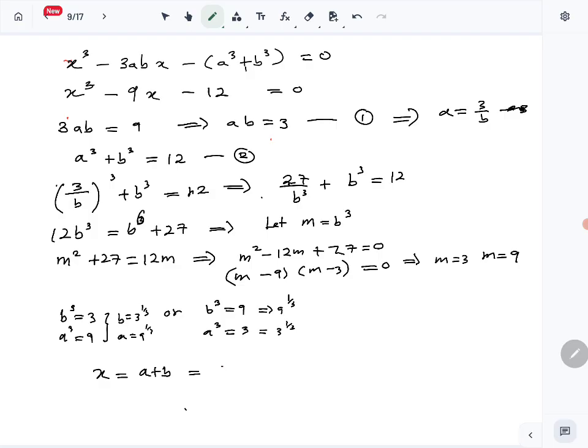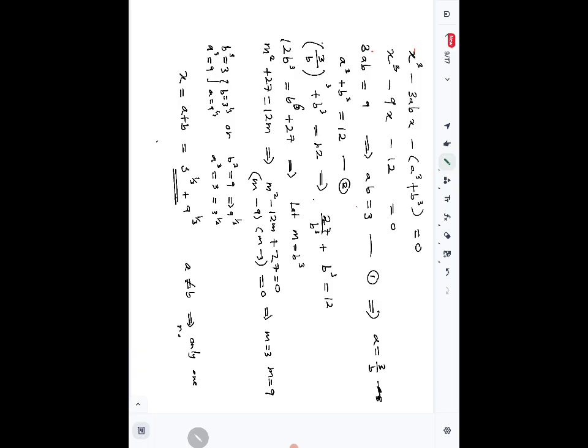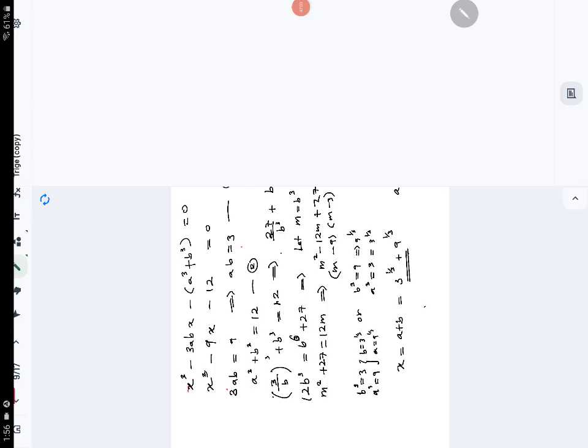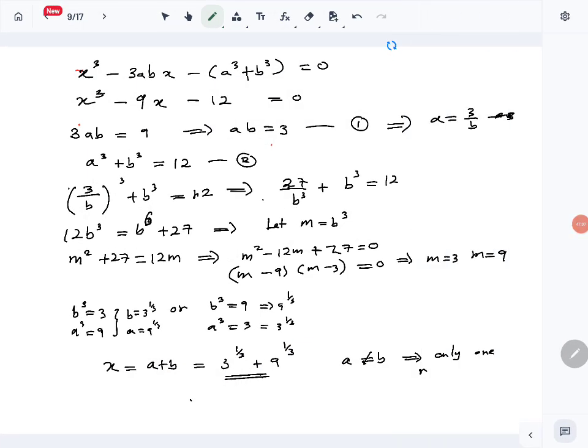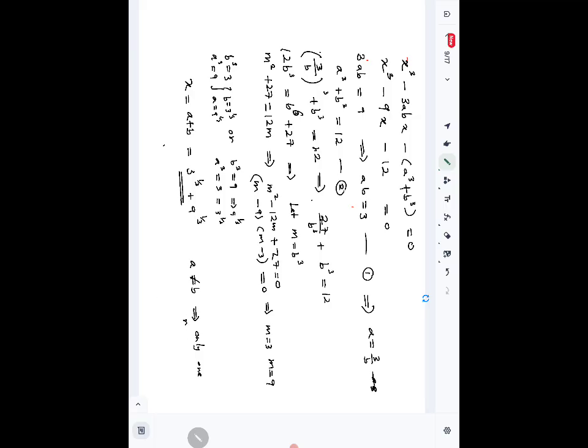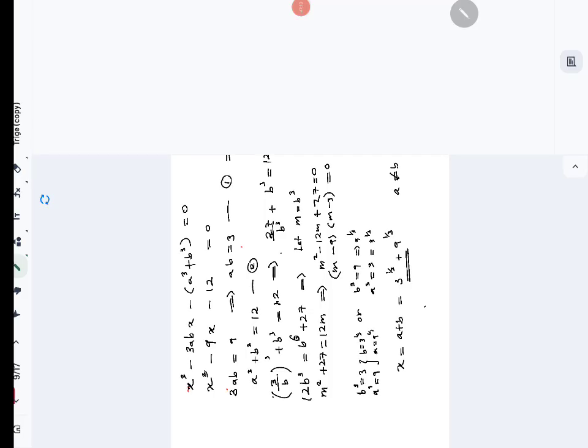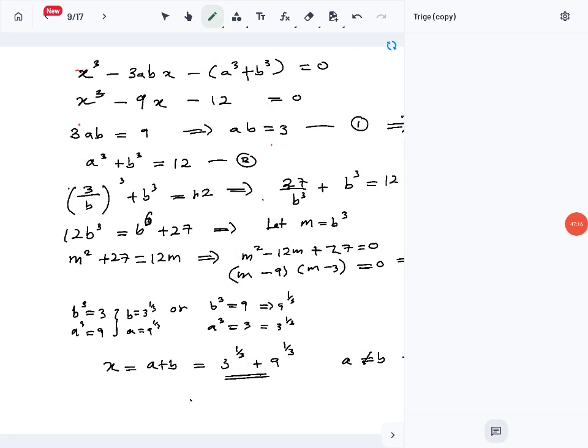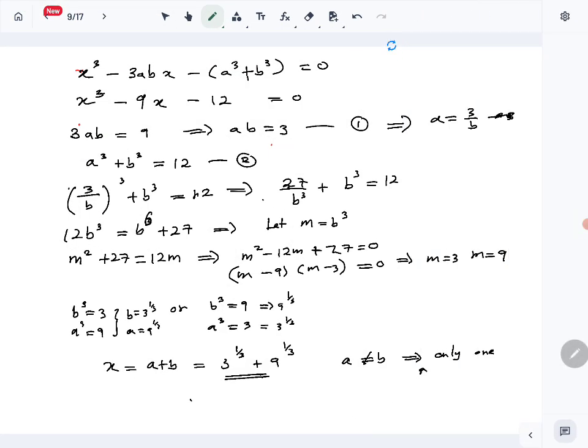So the answer is 3 to the 1/3 plus 9 to the 1/3, because a and b are distinct, therefore only one real root according to the previous result. Right. So then we are done with this question.